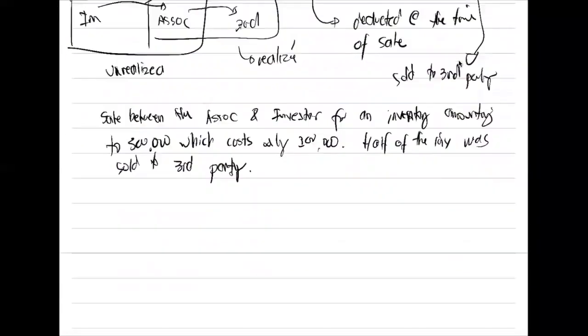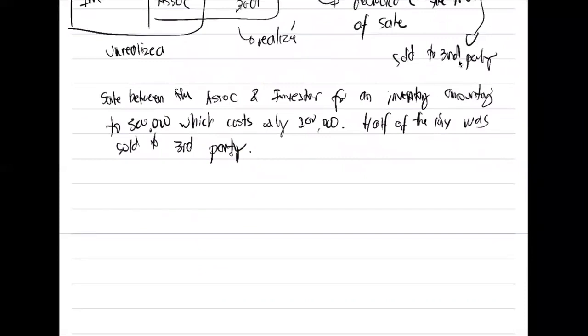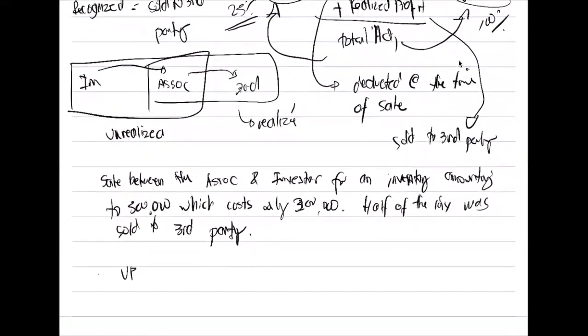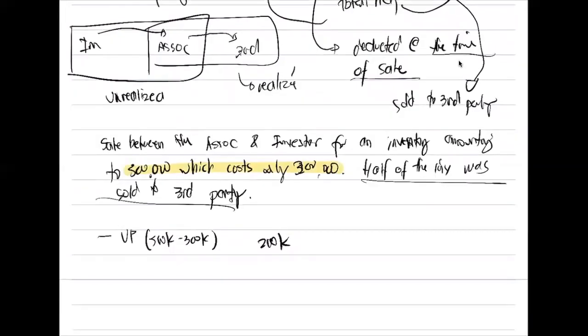Sabi natin, the unrealized profit will always be equal to the amount of your profit at the time of sale. So what is the time of sale? We have here 500,000 and 300,000. So that is your unrealized profit, 200,000. And then half of the inventory was sold to a third party.